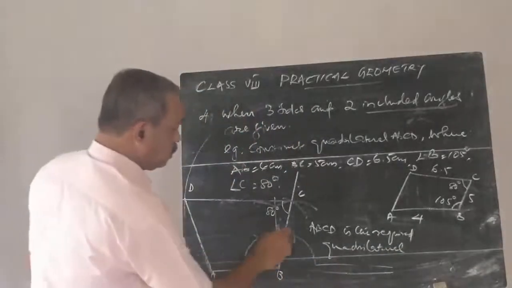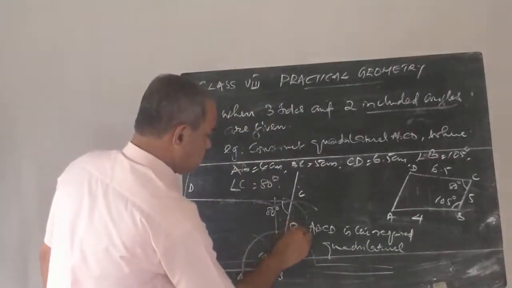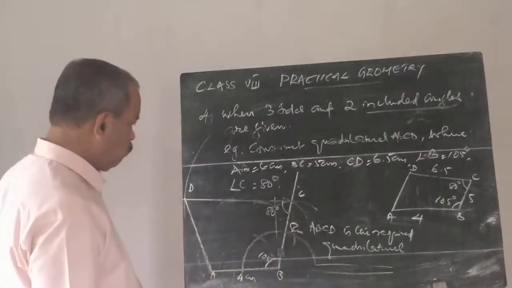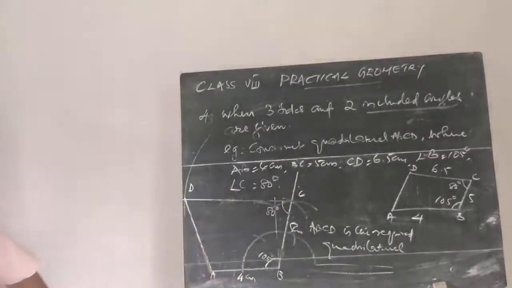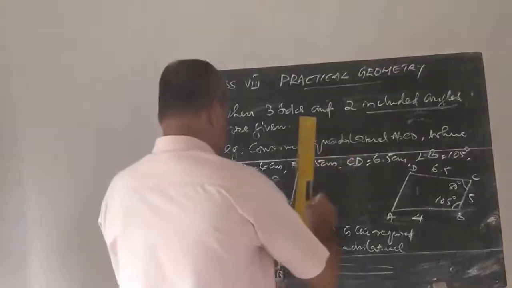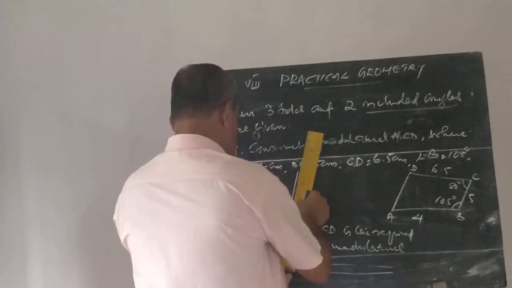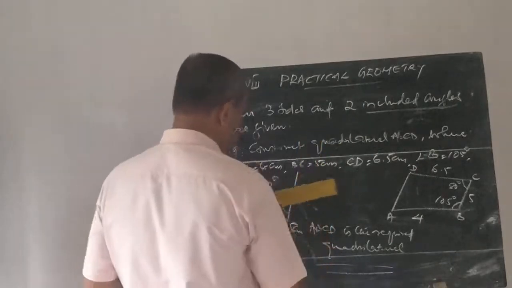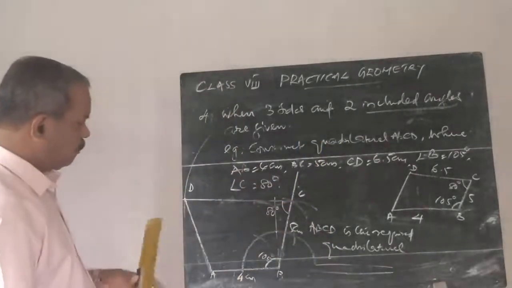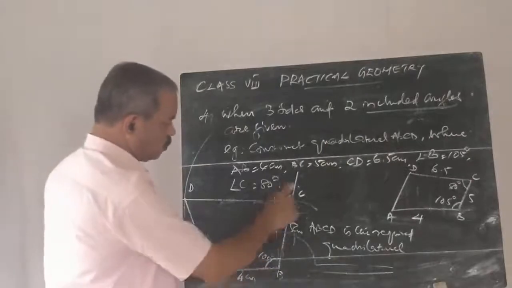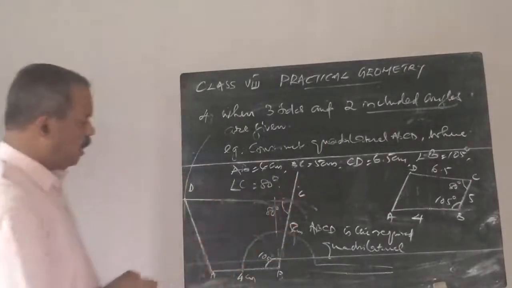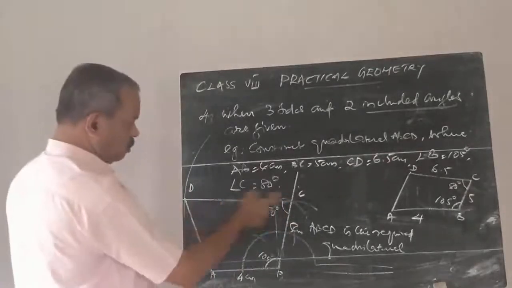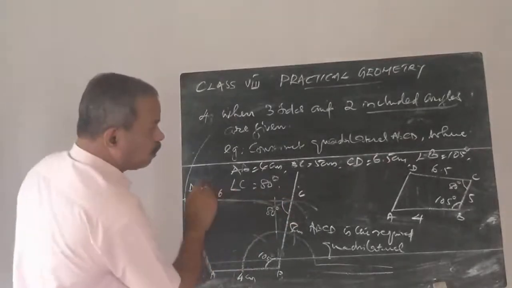So measure here 5 centimeter. You must draw the arc of 5 centimeter from here. Angle 105, BC 5 centimeter, then from that point draw 80 degrees. What is the measure of DC? 6.5 centimeter.